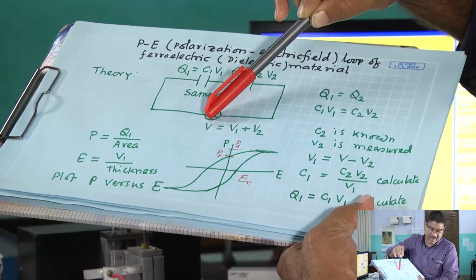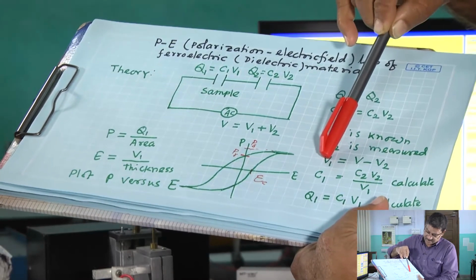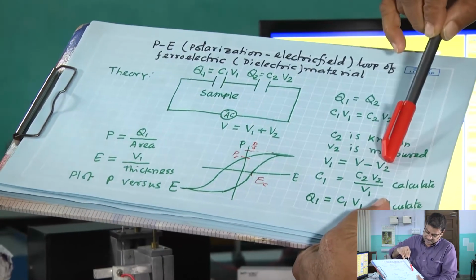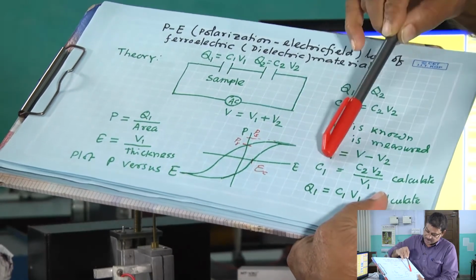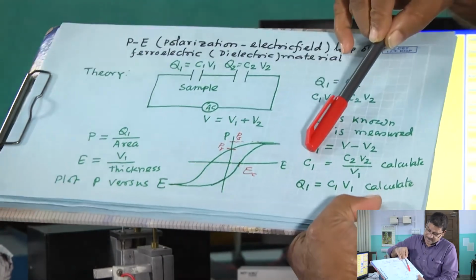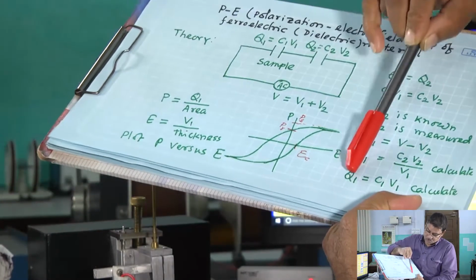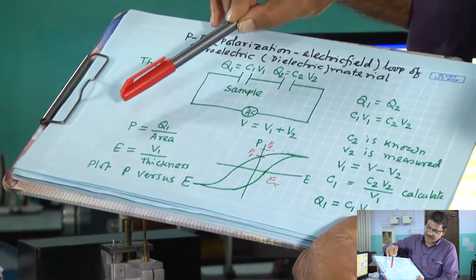This V can be varied, so the corresponding V1 will be different and V2 will be fixed. So, we will vary V1 by varying V, and we will get Q1 and the corresponding different P.